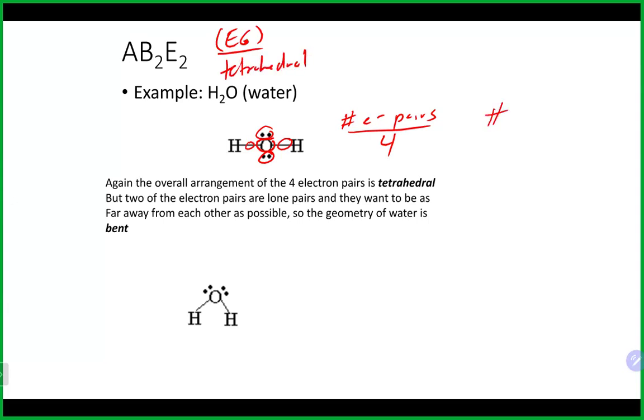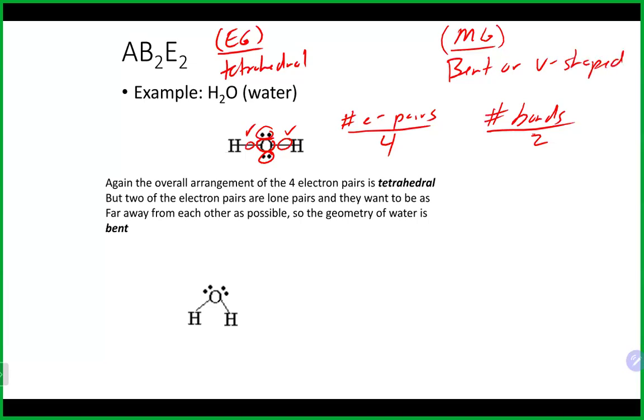The number of bonds in this case is going to be 1 bond, 2 bonds. Now, something with 4 electron pairs and 2 bonds has a molecular geometry name of bent or V-shaped. Hence why we're going to go with angular on the previous one instead of bent.